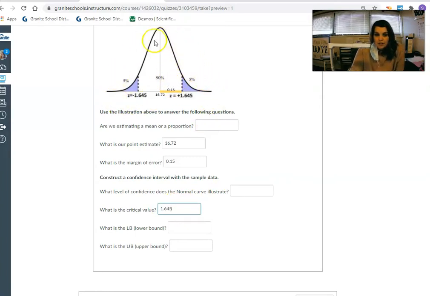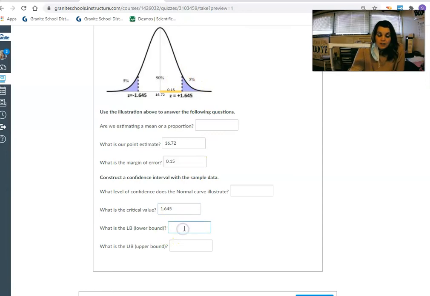So this right here is telling you that if you're within 1.645 standard deviations of the mean, 90% of your samples will capture the true value, or will be within 1.645 standard deviations of the mean.